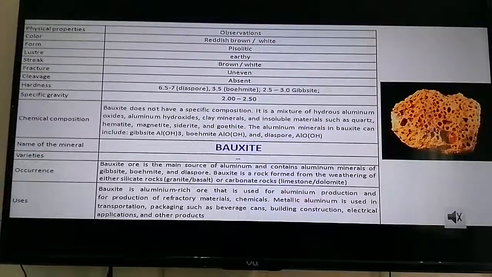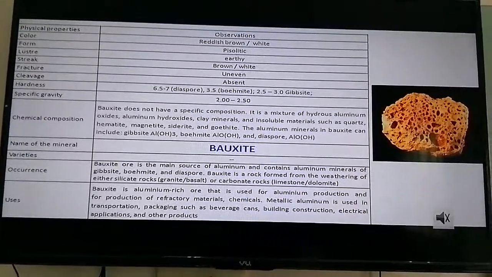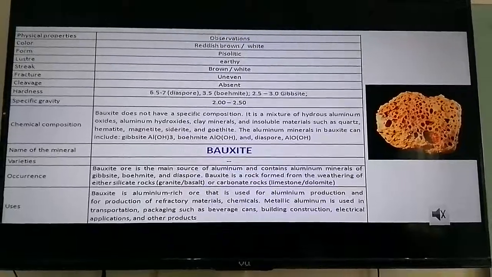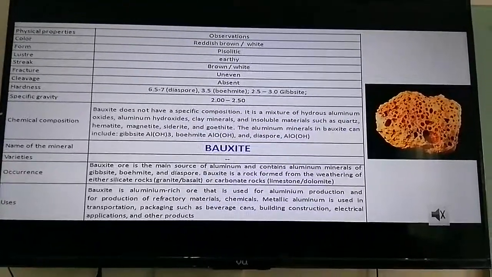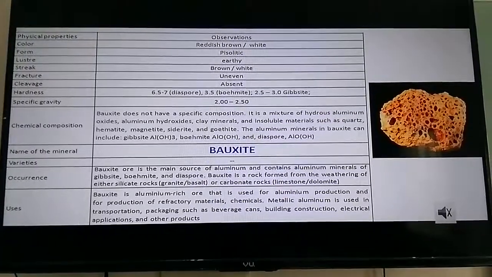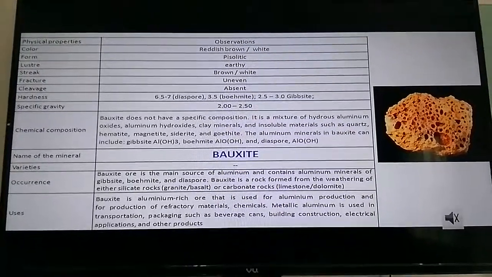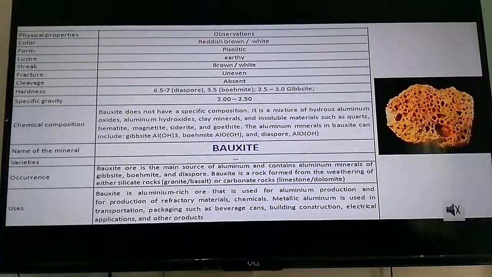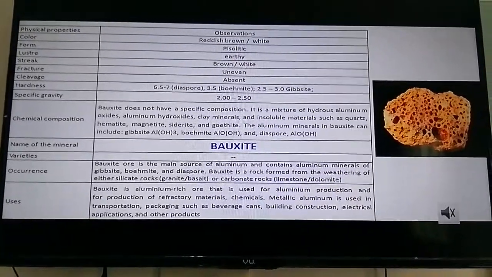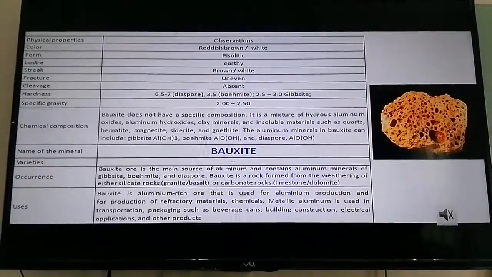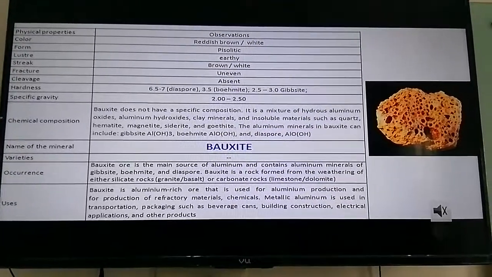Cleavage is absent. It breaks in different directions. And hardness varies from 6.5 to 7 for diaspore, a variety in bauxite, and boehmite, where the hardness is 2.5 to 3, and gibbsite is also another variety, specific gravity 2 to 2.5. Bauxite does not have a specific composition.